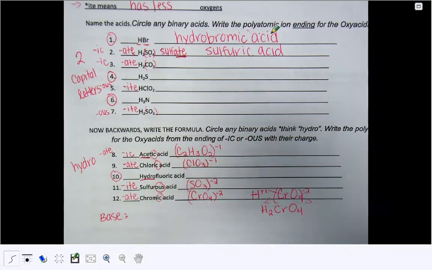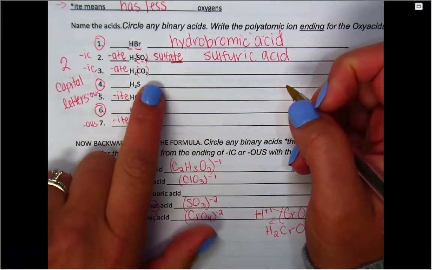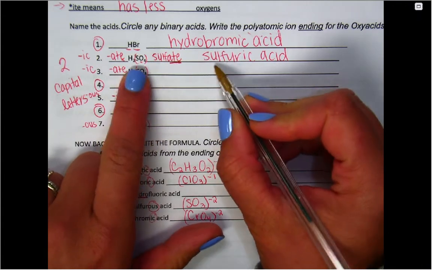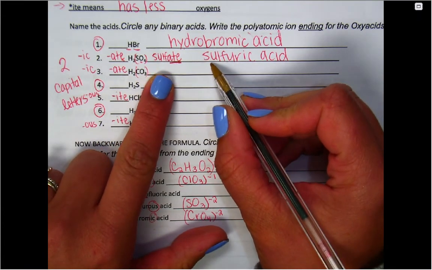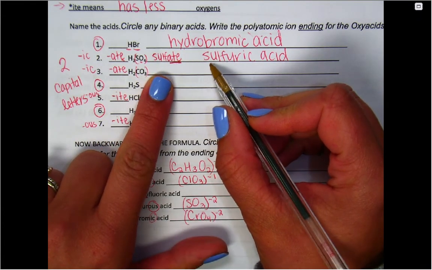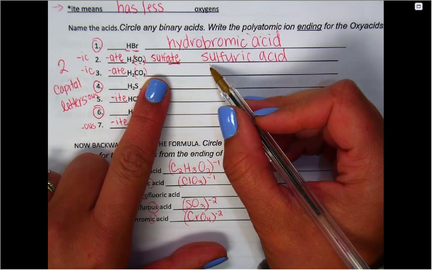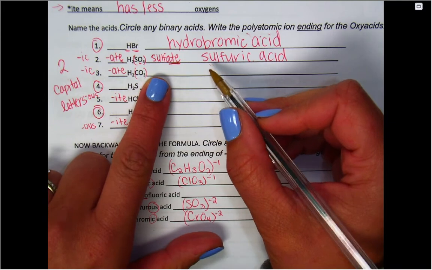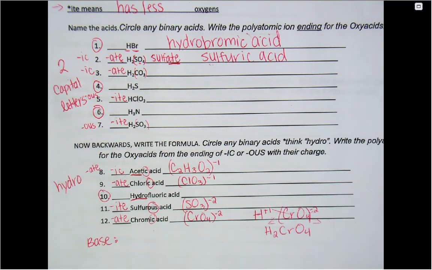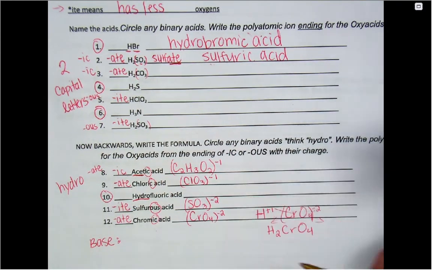I haven't done this with all the classes, so you guys need to be grateful, and I would take down notes. Now, hopefully you got to see that, the few people that were trying them truly on your own. What you saw was that you said, okay, well, we chop off the ending, we add IC.